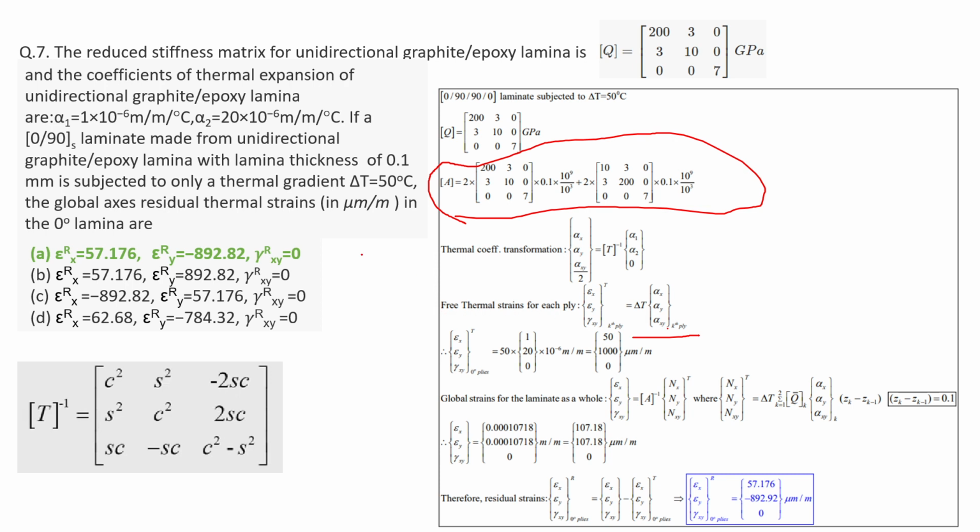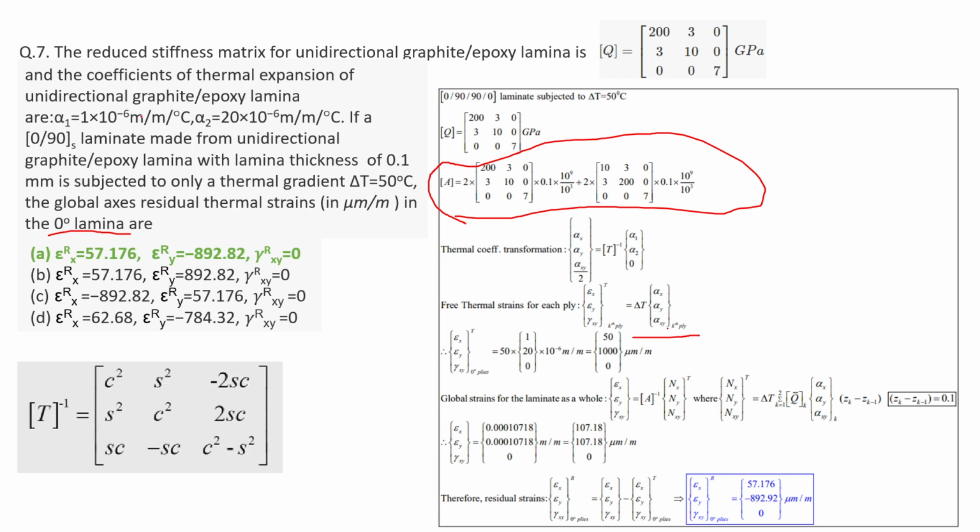Now, to make this question easier, they only said we have to find the values for the 0 degree lamina, which is the top one. So for the 0 degree lamina, the free thermal strain will be equal to the delta T, which is 50 degree, into the alpha x, alpha y and alpha xy value of the 0 degree lamina.